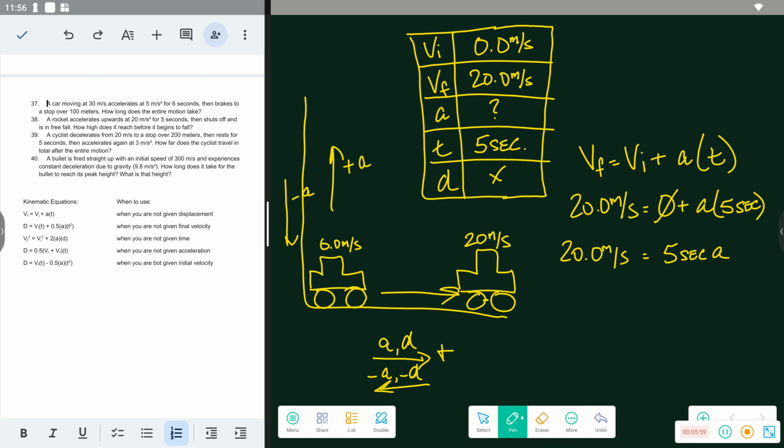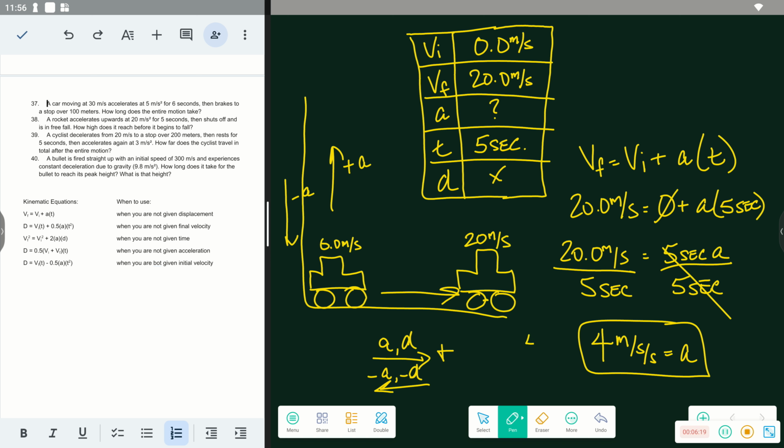Divide by 5 seconds. These cancel. And this becomes 4 meters per second equals the acceleration, also known as 4 meters per second squared.